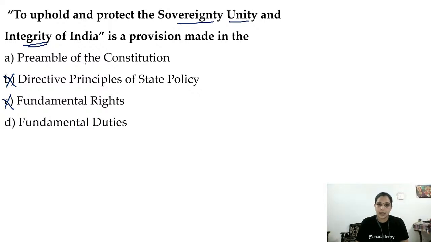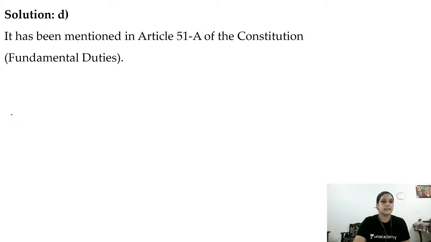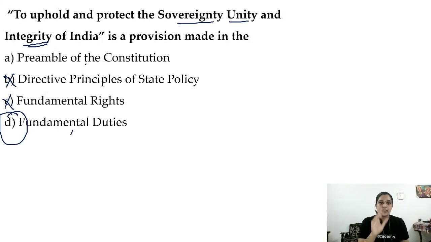But it is spoken in the Preamble and Fundamental Duties. In the Preamble, do we have the same line? We have sovereign, socialist, secular, but not sovereignty, unity, integrity in this line. The answer is Fundamental Duties. Do you get it? They have given it in double quotes. We all know sovereignty, unity and India are present in the Preamble.